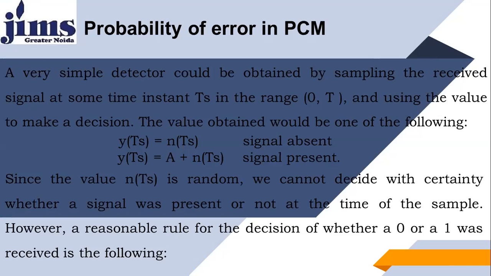And when the receiver senses something above the threshold, this is the case when y(ts) is equal to A + n(ts), that signal is present, right? So these are the two possibilities.